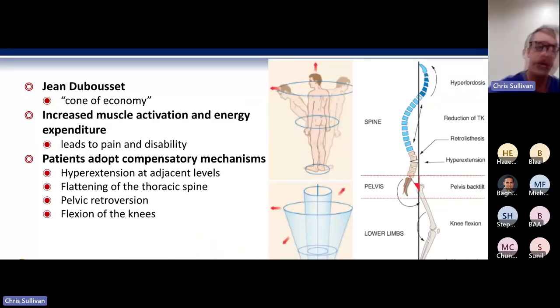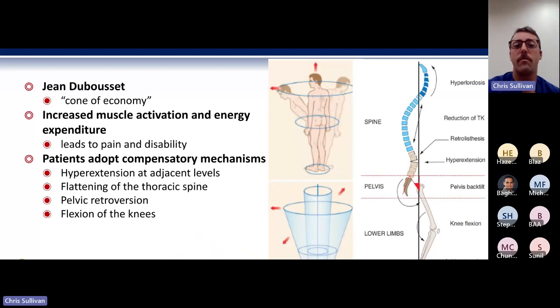So what is the problem with adult spinal deformity with sagittal balance? Back several decades ago, there was the discussion about the cone of economy, shown in this middle image, which describes the efficiency of the muscular balance in maintaining your balance in the center of your body.